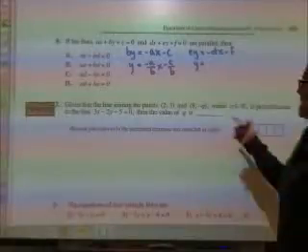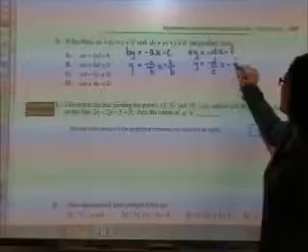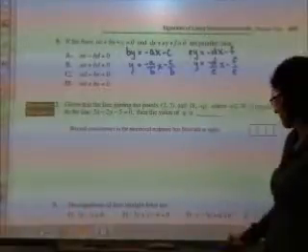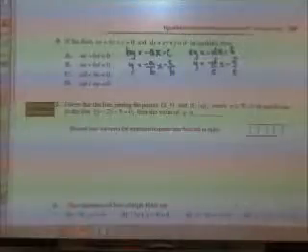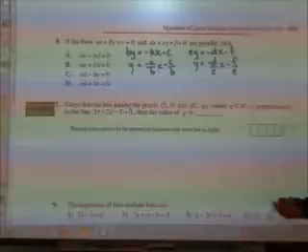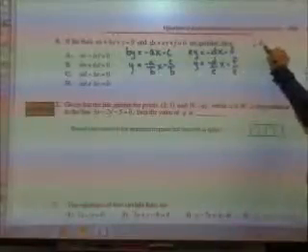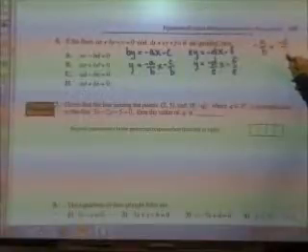Divide both sides by e this time, and I get negative d over e x minus f over e. So what you guys told me before, if the lines are parallel, it means that the slopes have to be equal. So that means negative a over b has to be equal to negative d over e.